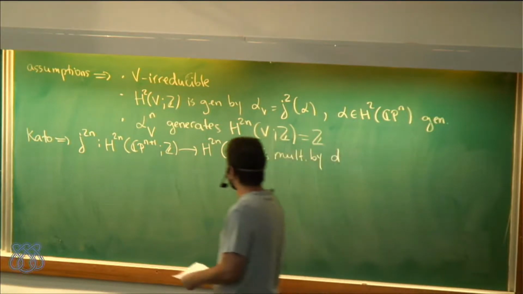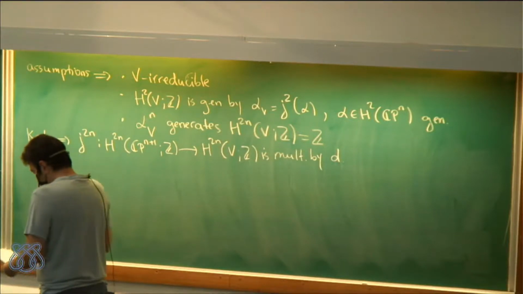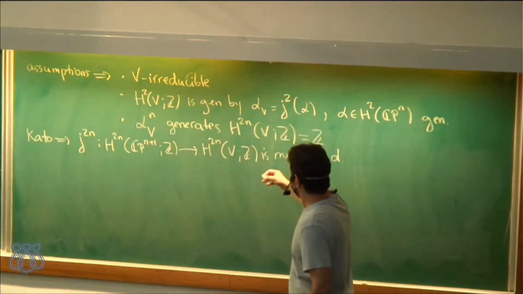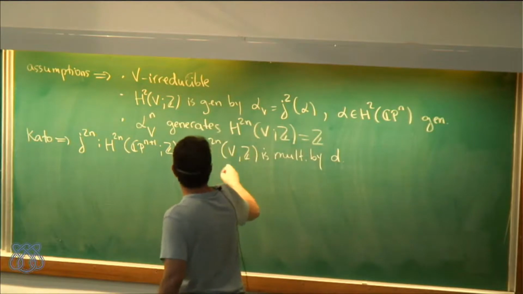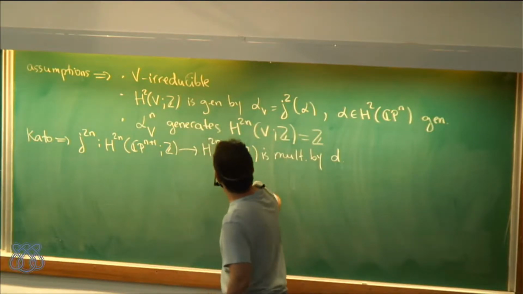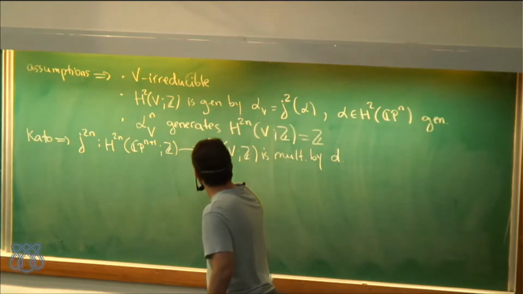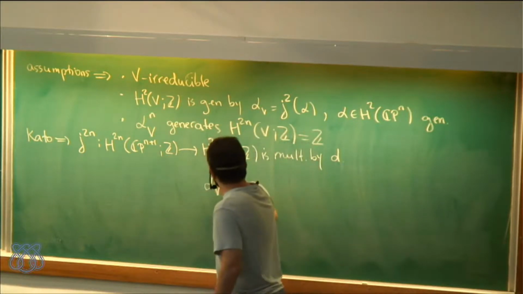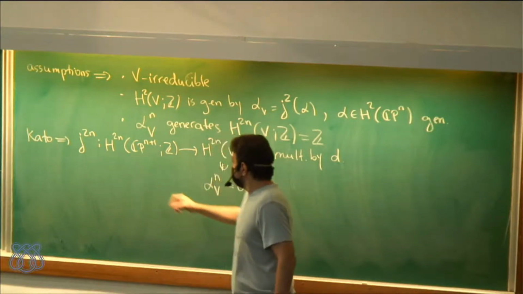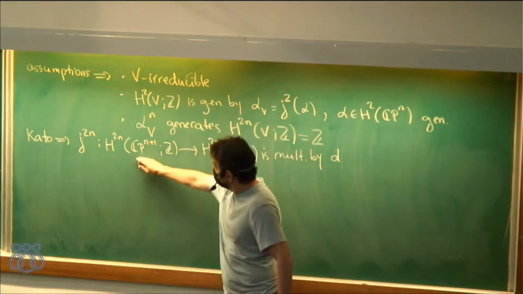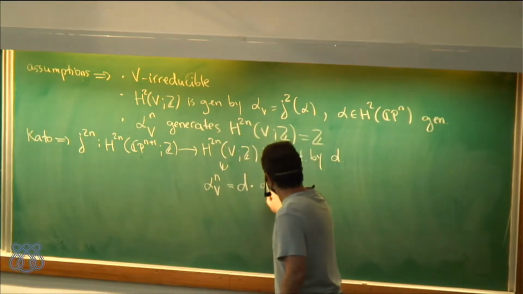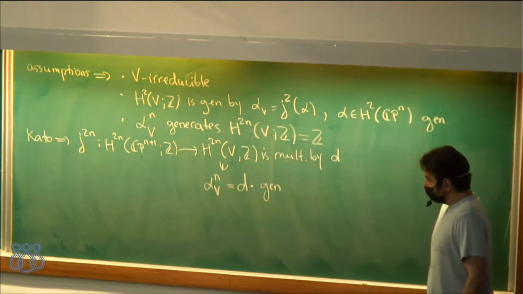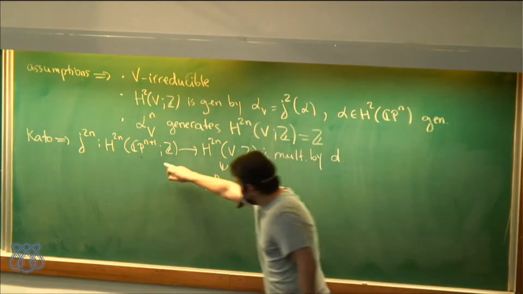Okay, so what I get here, on the one hand, is alpha V to the N, which generates H2N, should be D times the generator coming from the left-hand side. Generator gets mapped to D times the generator.